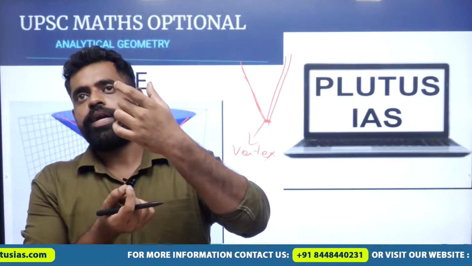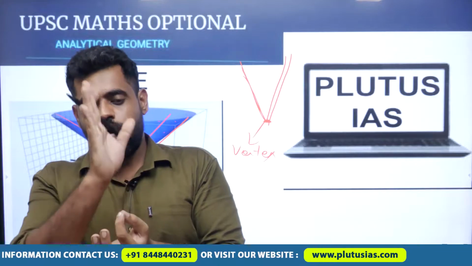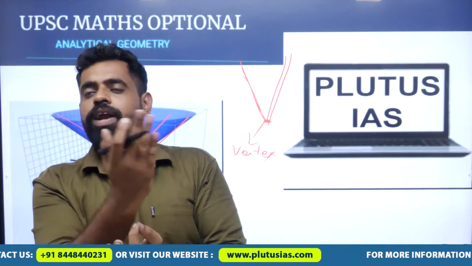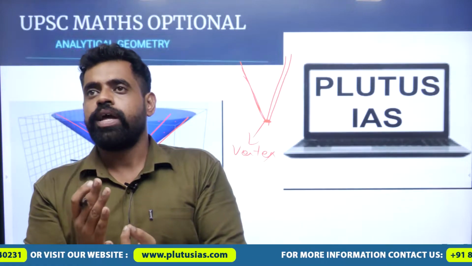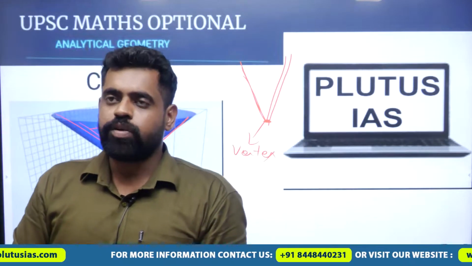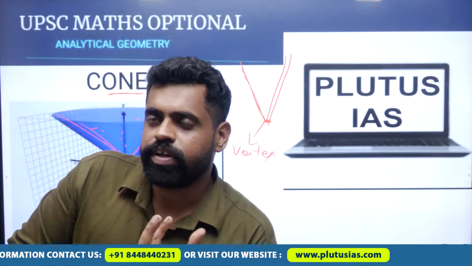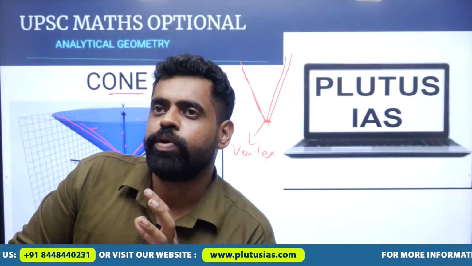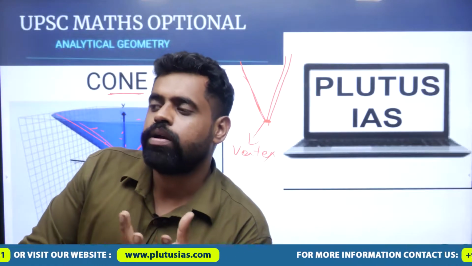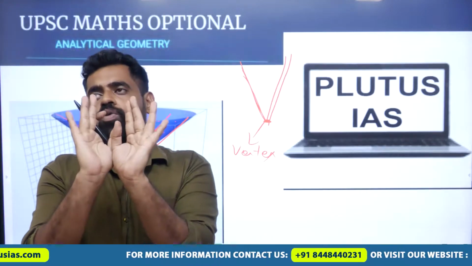You take the lowest point, that is the vertex, and all those infinite lines pass through that point. Another condition is also needed, which we call a guiding surface, which we'll see later in this video, or any other condition. So all those lines form a cone.